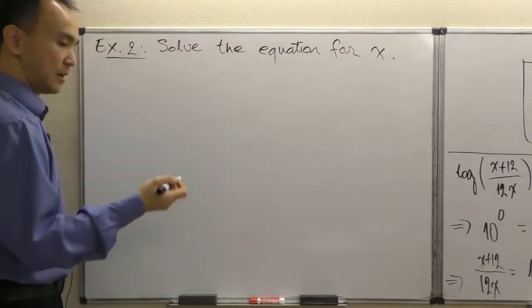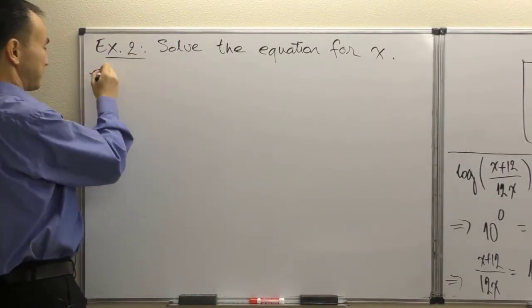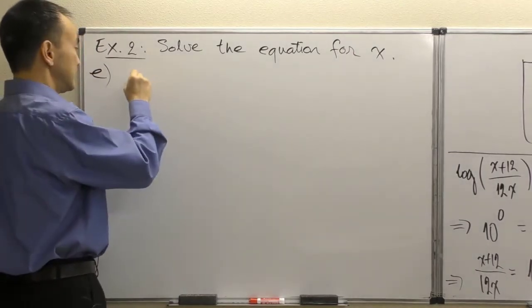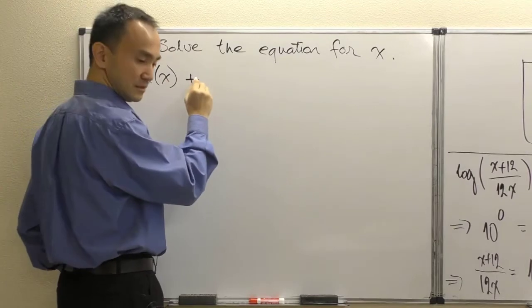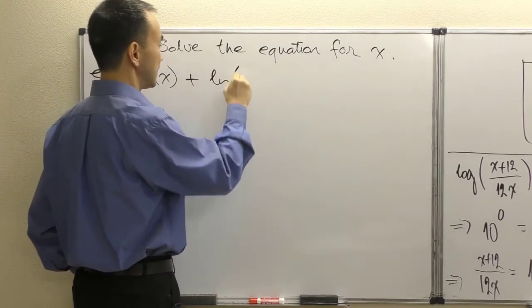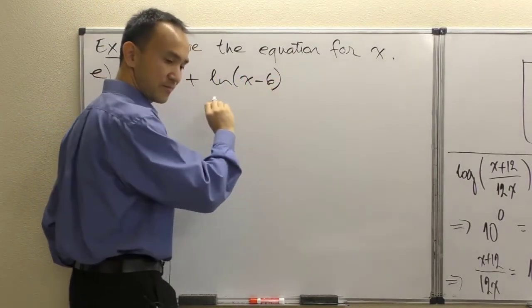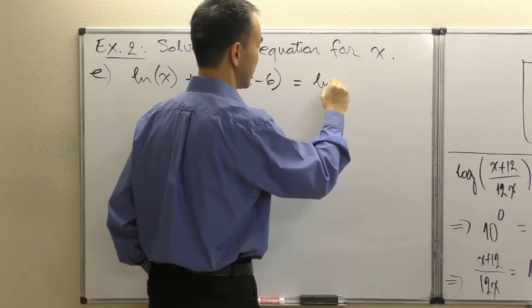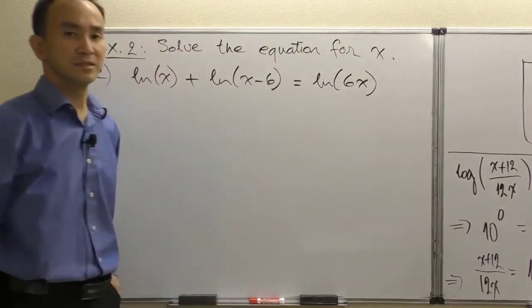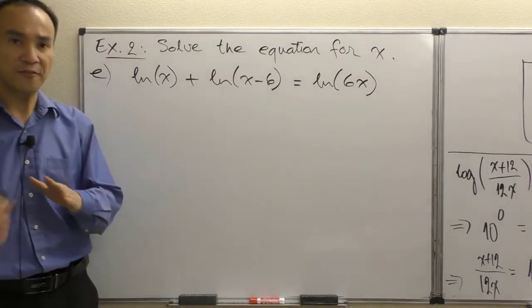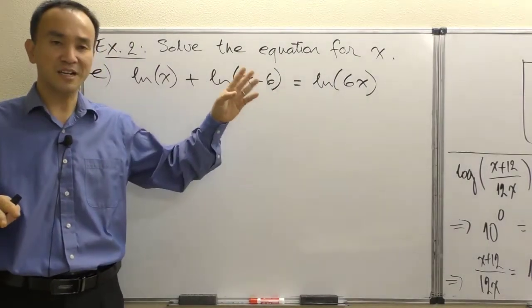So now part E of our example. Now I'm looking at natural log of x plus natural log of x minus 6 equals natural log of 6x. This part E is a reinforcement of what we've done in part D earlier.